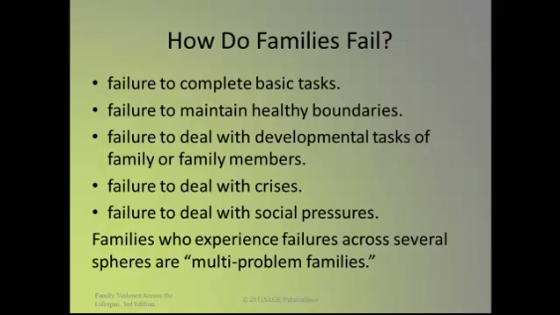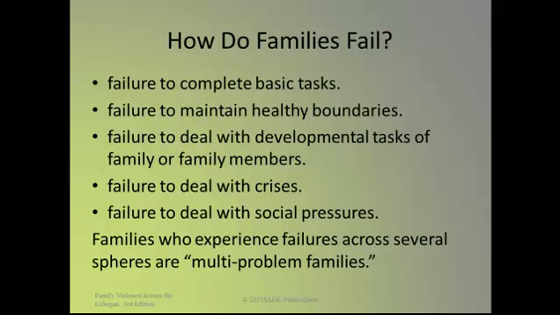Among the kinds of things that happen in families is the failure to complete basic tasks. This would be raising children properly, treating children with respect, sharing duties and responsibilities and power evenly in the household, those kinds of things.